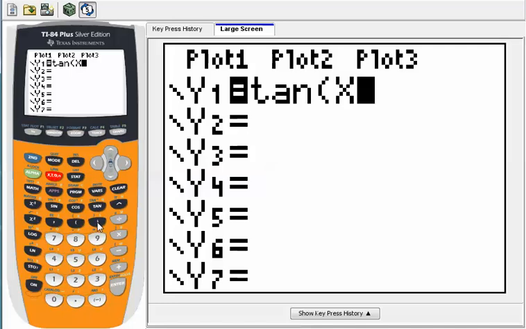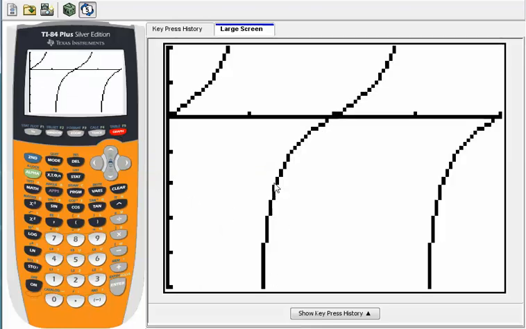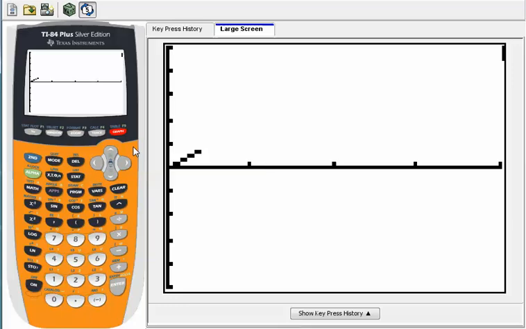I'm going to put in tangent x, and we're going to graph it over the same domain. Okay, looks more like a snake trail here. I'm going to change my window so we can see a little bit more of it. I'm going to change my y maximum from 2 to 5. Okay, regraph.